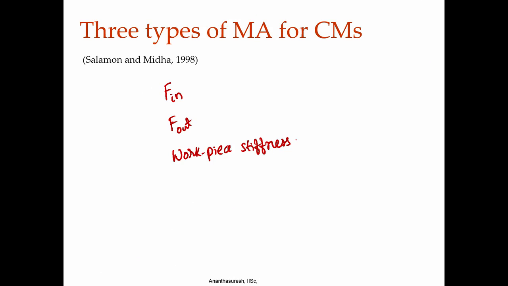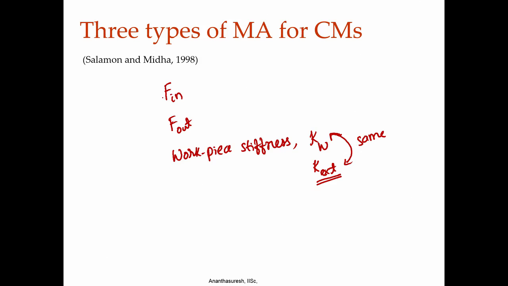Some of them may be flexible, some of them may be stiff. So, that workpiece stiffness, for which Salomon Meader used the symbol K w, we have been using K external in our SL model, SML model and so forth. These are 2 symbols for the same quantity.